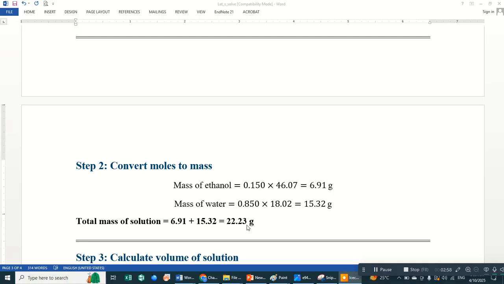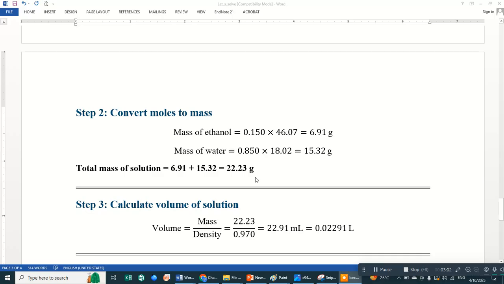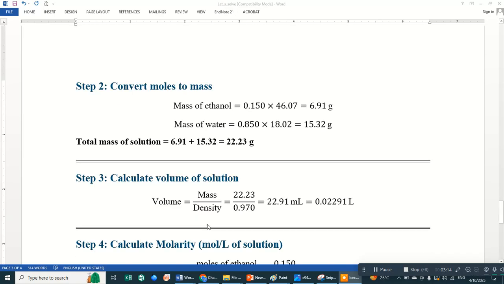Next, using this mass of the solution, we can calculate the volume of the solution. We know that volume and mass are interrelated through density. Volume is equal to mass over density.